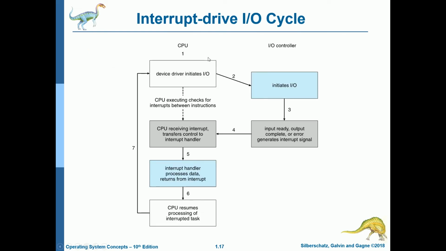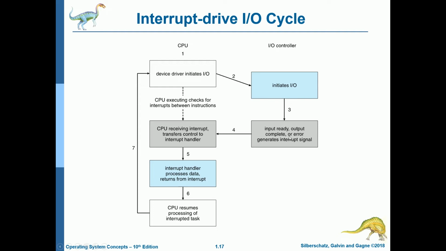Now, as we can see over here, we have our devices, the CPU, and this I/O controller, which is controlling an I/O device. Now, if we start from right here in the CPU, some device has now initiated some sort of I/O interrupt. We then initiate the input and output sequence.